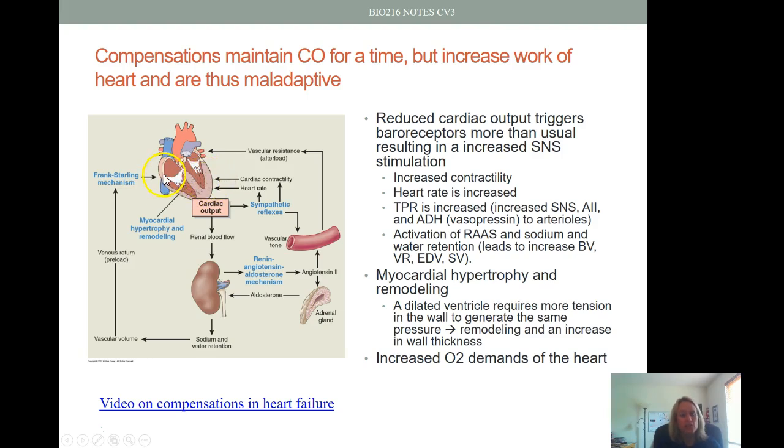And this is going to result in myocardial hypertrophy and remodeling. So we're going to see an increase in wall thickness, and that is going to increase the oxygen demands of the heart. So all these things, while helping to maintain cardiac output, can ultimately cause the heart to fail more quickly.